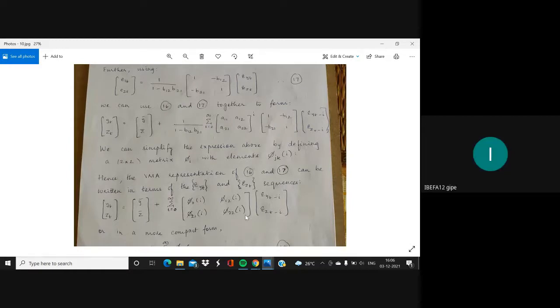If, let's say, 2 is z, then we can say it will represent the impact of the third error term of the z variable on z in time t. So epsilon zt minus 3, impact on zt. Correct.